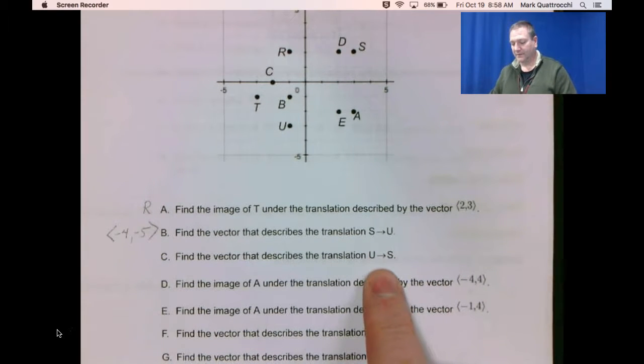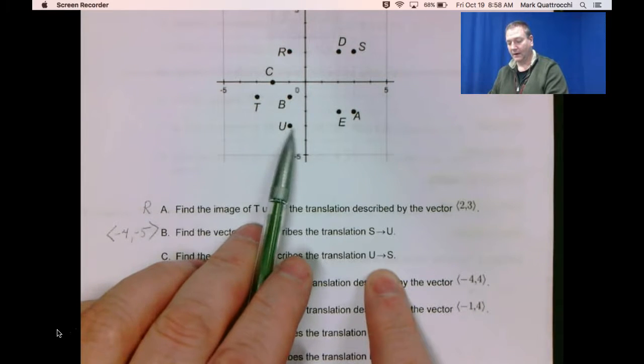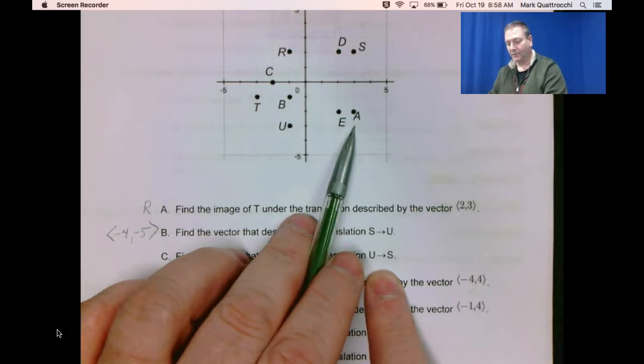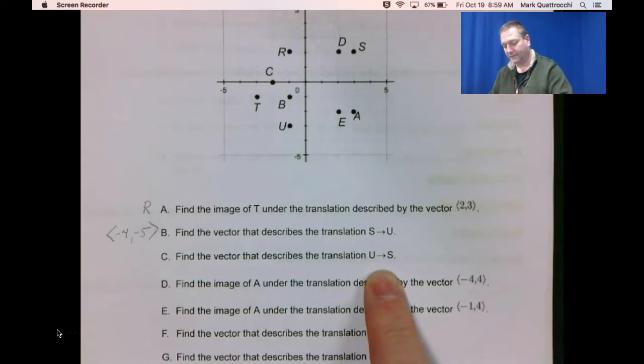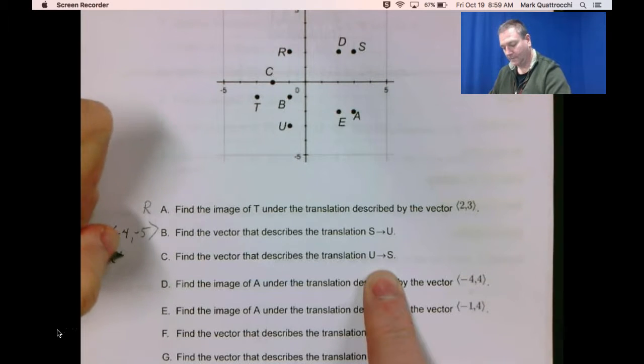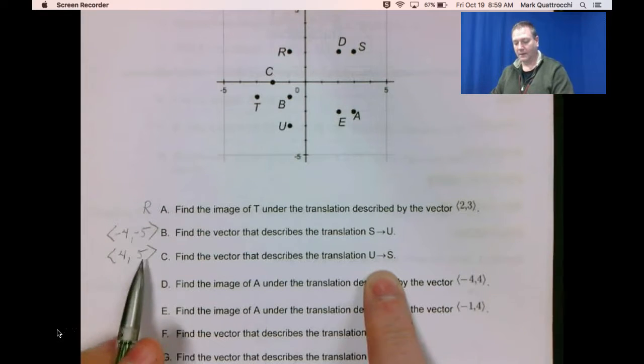Find the vector that describes the translation from U to S. So now we're going right 1, 2, 3, 4 spaces, and up 1, 2, 3, 4, 5. Right 4, up 5.